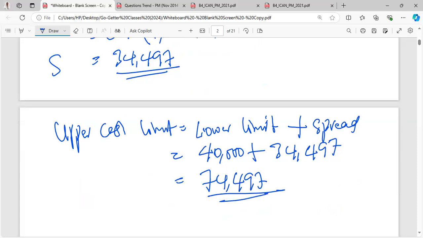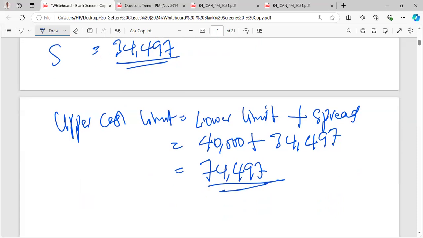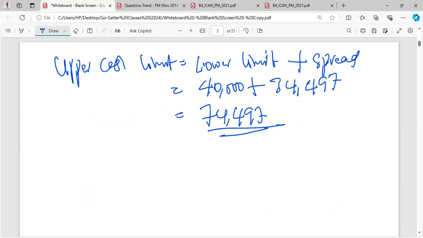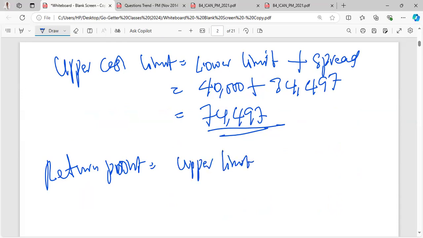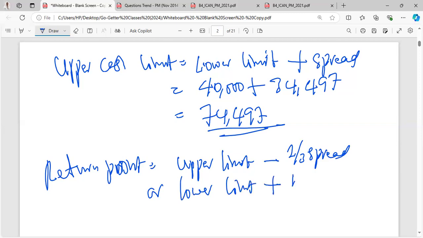Then your return point is either upper limit minus 2/3 of spread, or lower limit plus 1/3 of spread.